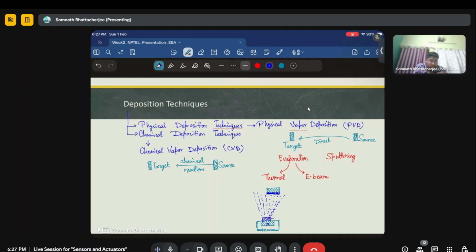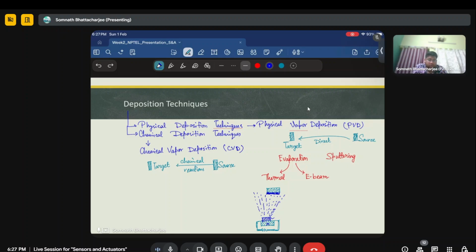In e-beam, the problem is that if the melting point of the material is much higher than the boat itself, you can't heat it. If you heat the boat, the boat will melt before the material. For example, silicon dioxide has a huge melting point, and any kind of boat will not sustain that kind of heat.